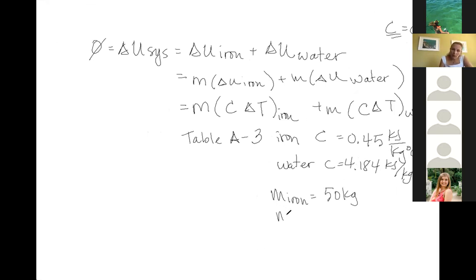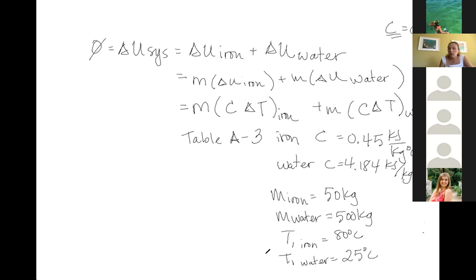And that the mass of our water in this big tank is going to be 500 kilograms of water. And we know that our initial temperature of the iron is 80 degrees Celsius. We know that the initial temperature of the water is 25 degrees Celsius.